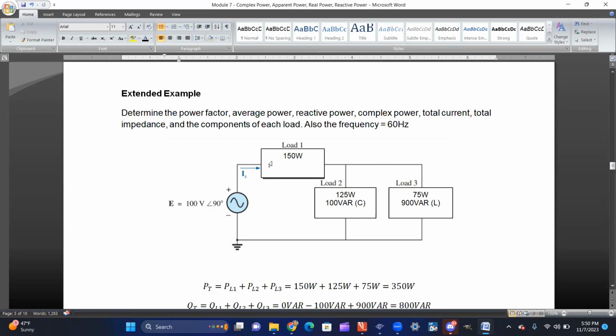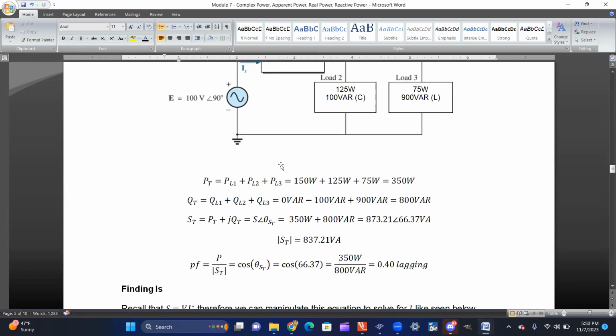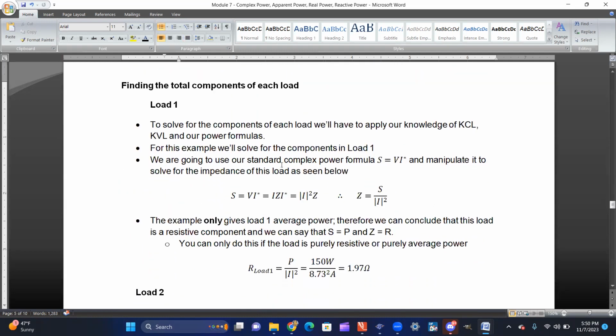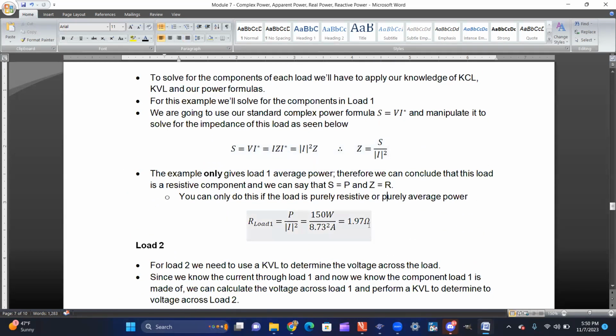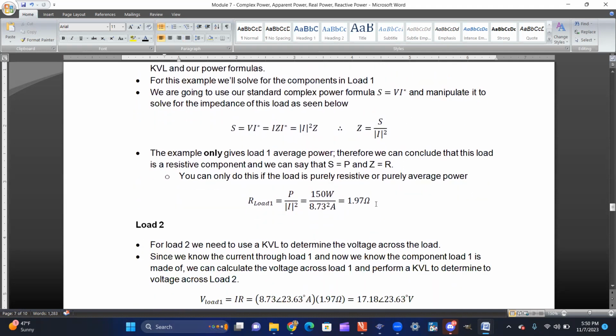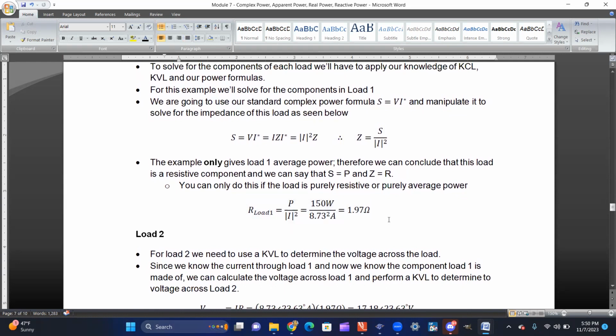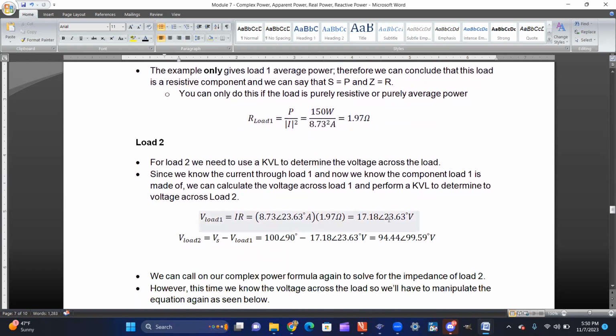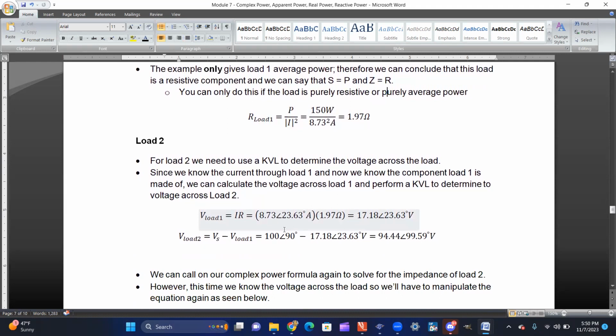But since we calculated the component that's in load 1, which is 1.97 ohms, what we can do at that point is use a KVL, like we've done down here. As we calculate the voltage of load 1, we get 17.18 at an angle of 23.63 volts.